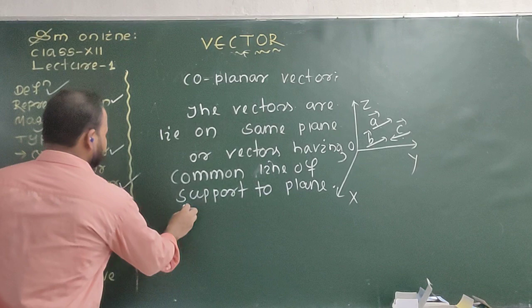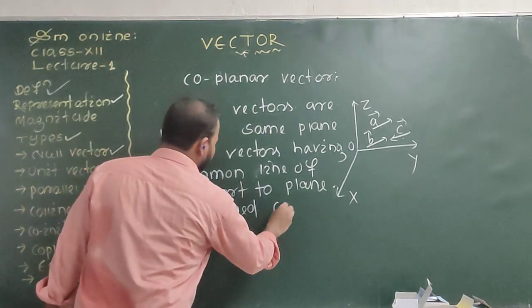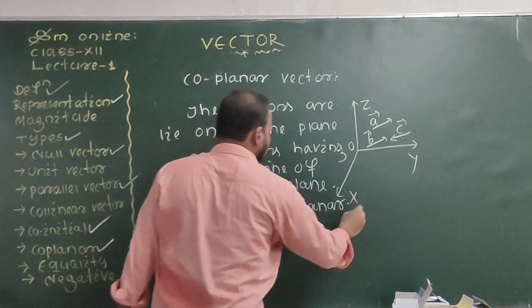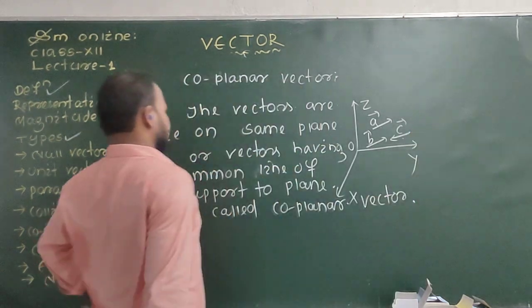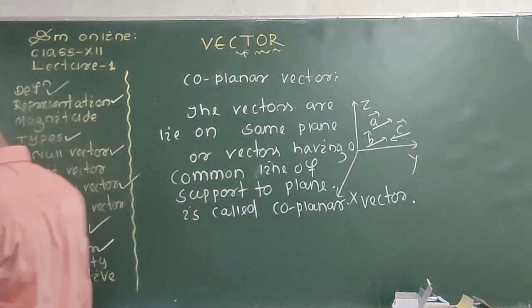It's called coplanar vectors. This is called what? Coplanar vectors.